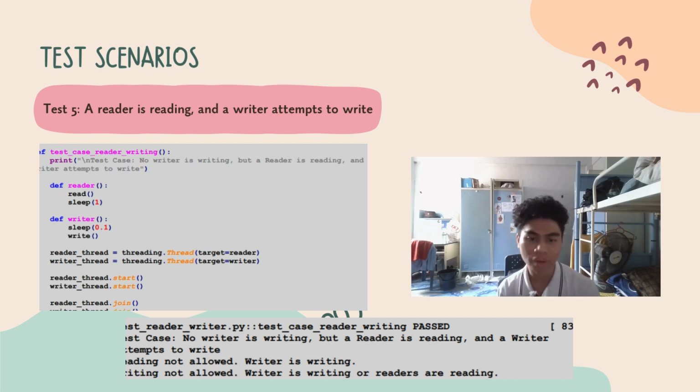Then the second output, writing not allowed, writer is writing or readers are reading. This is because the system checked if a writer is writing or if reader are reading. Since a reader is currently reading, the writer is not allowed to write.